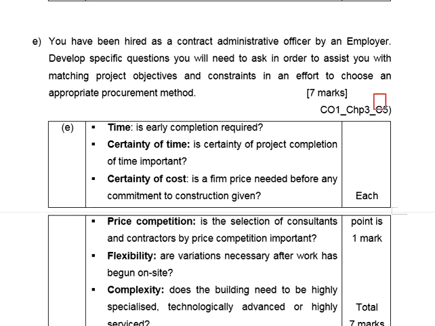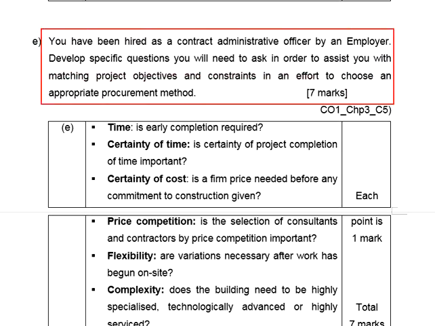Let's say now we just want to achieve this C5. In C5, there will be elements of evaluation and selection. The students will be asked to justify their selection. We are still in selecting the procurement method, just that we incorporate the elements of selection, evaluation, and justification.